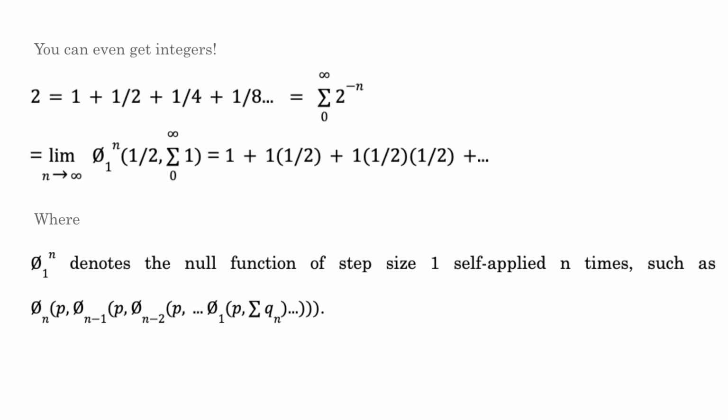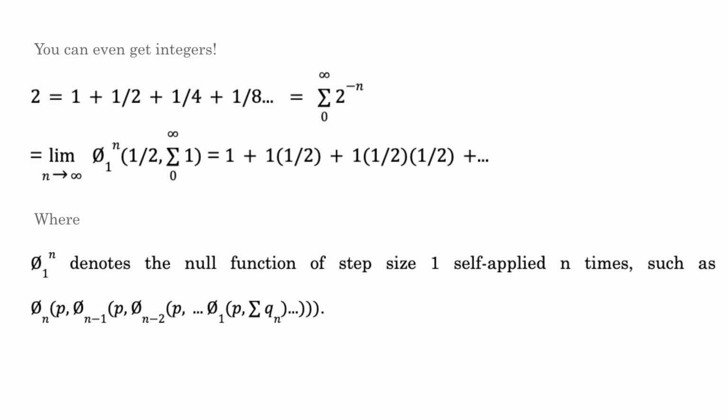With null sub 2 to the n instead, it will be null sub 2n of p, null sub 2n minus 2 of p, and so on. From the inside to the outside of the parenthesis, the function has an effect later and later and later.